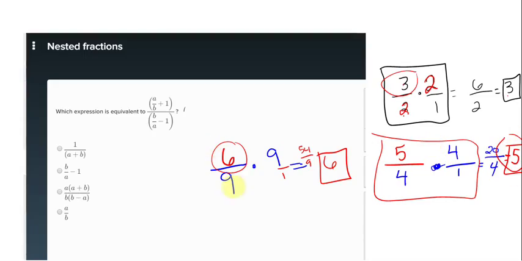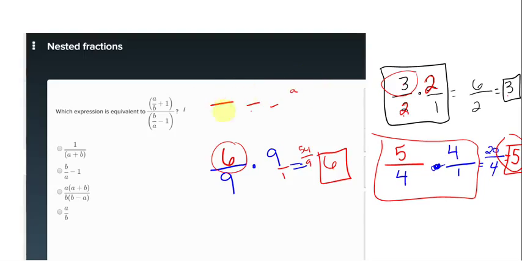Here I had 6 over 9, I multiplied it by 9, and I was left with just 6. If I have b over a, and I multiply it by a, then I will be left with just b. The reason for that is because b times a is ba, 1 times a is a, the a's cancel, and I'm left with just b.